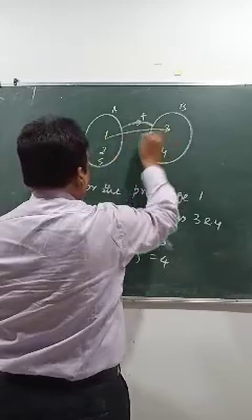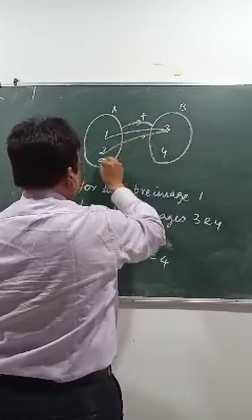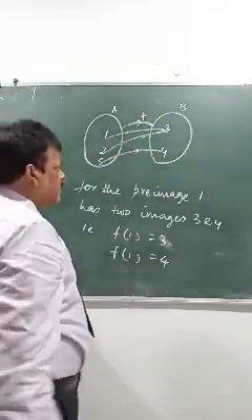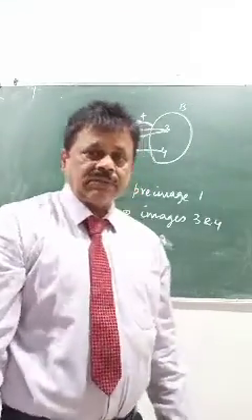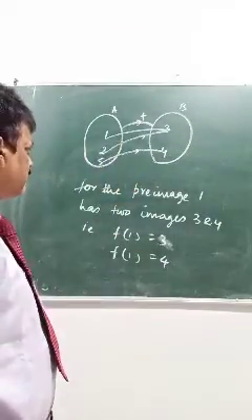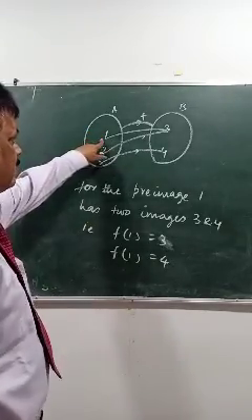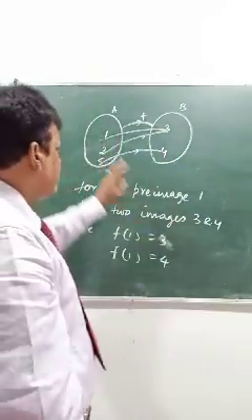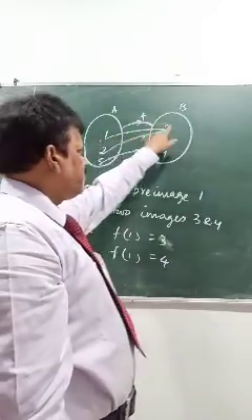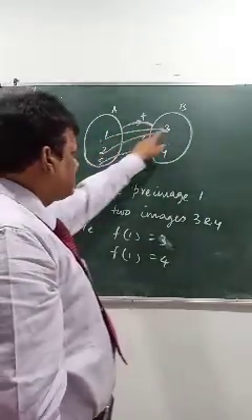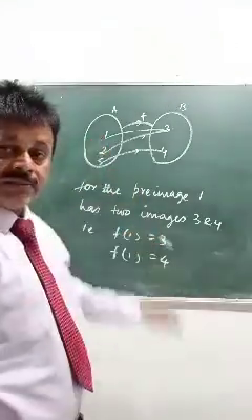This is related here, this is related here, this is related here. Can you say, is it a function? In this case, it is a function because for every pre-image we are taking a unique image. Means for pre-image 1, the image is 3, for 2 the image is 3, but these two are distinct.